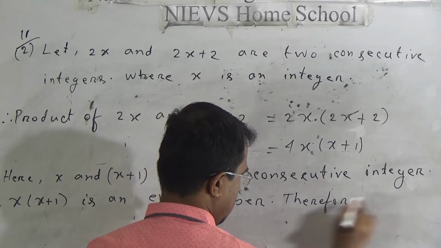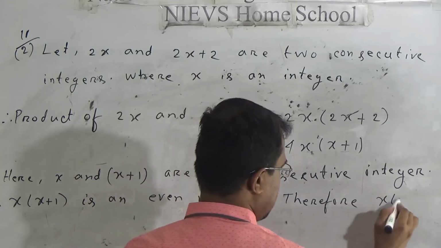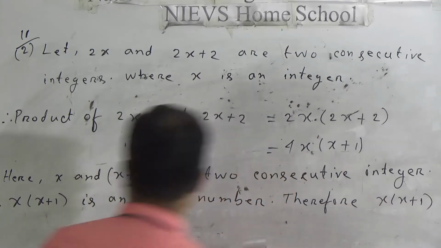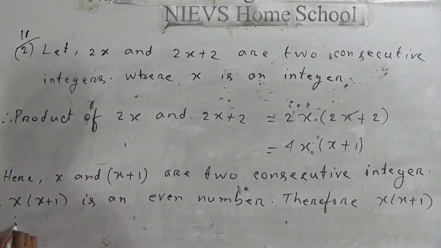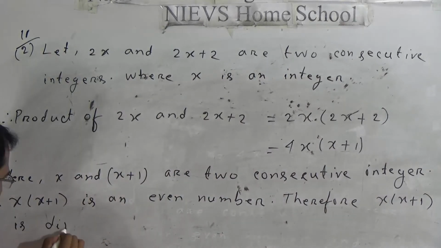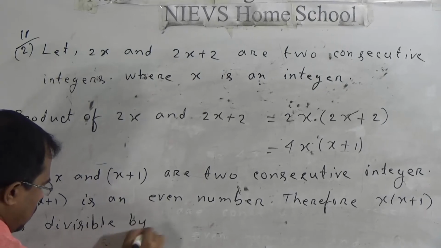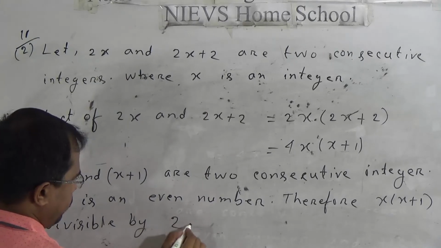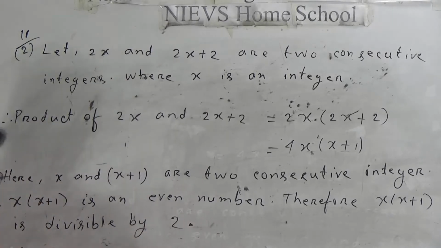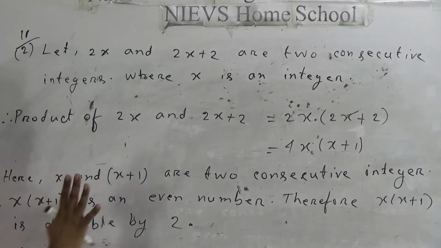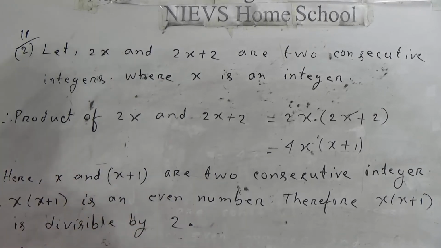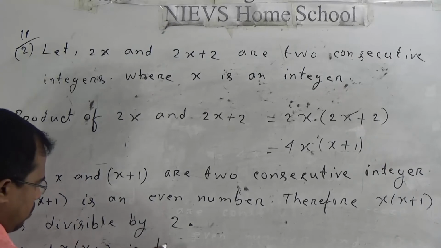Therefore, x into x plus 1 is divisible by 2, and therefore if x into x plus 1 is divisible by 2, then 4x into x plus 1 will be divisible by 8.